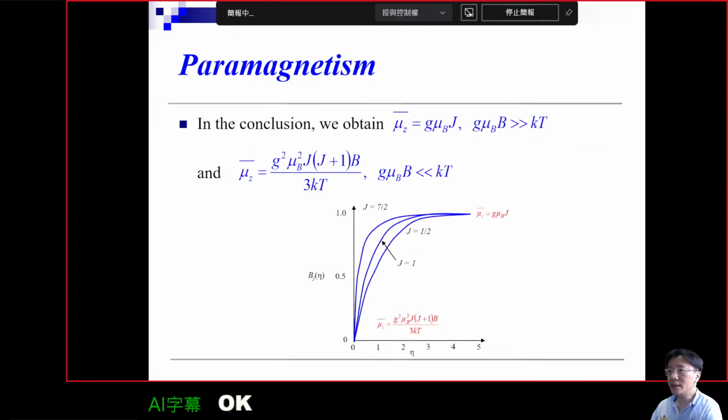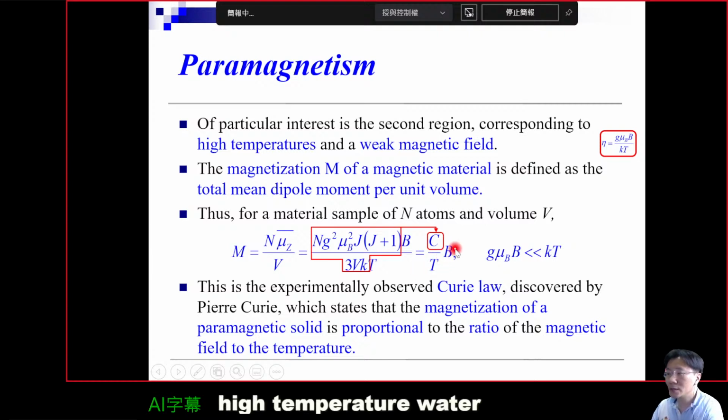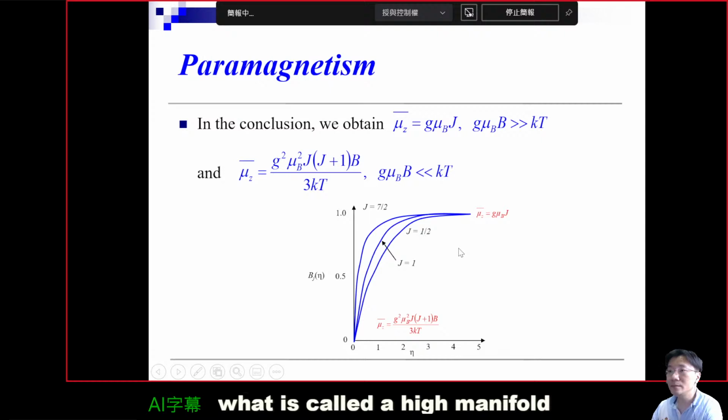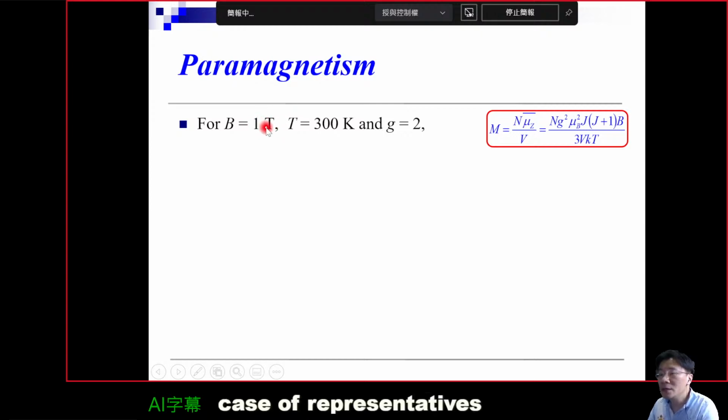So let me give you a very brief idea: what is the definition of high temperature or low temperature, or of a high magnetic field or low magnetic field? In the typical case, we apply a 1 Tesla magnetic field. Let me give you an idea.